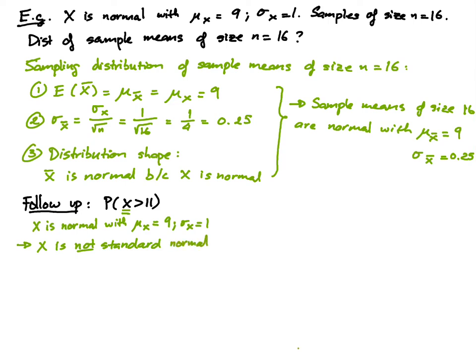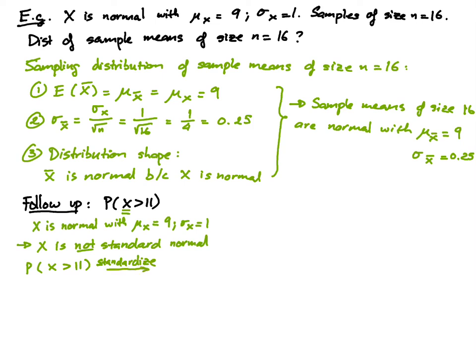So if x is not standard normal, the first thing you want to do is standardize it, right? That's what we've always done. So the probability that x is greater than 11, you want to standardize.